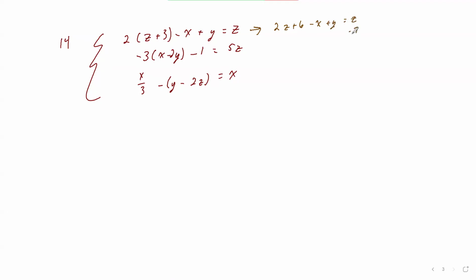I'll subtract the z over, and subtract the 6 over. Putting this in order, I get negative x plus y, 2z minus z would be plus z, equals negative 6. That'd be your first one.